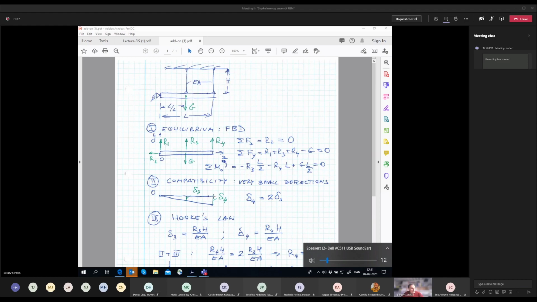Because it's this delta 4 downwards and delta 3 downwards. But the thing is that we ignore this. We say that these points, where the forces R3 and R4 are acting, of course have some horizontal deflections, but these horizontal deflections are negligible. We neglect them.